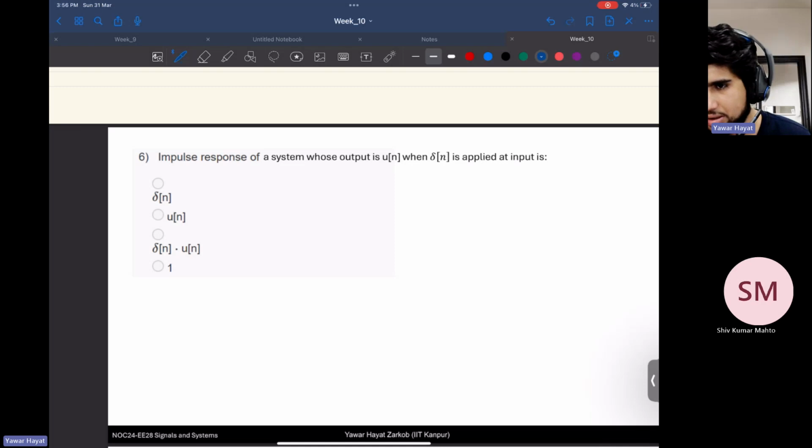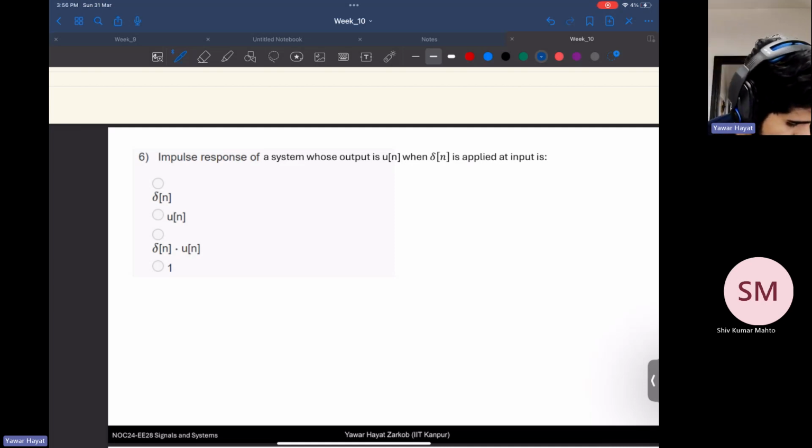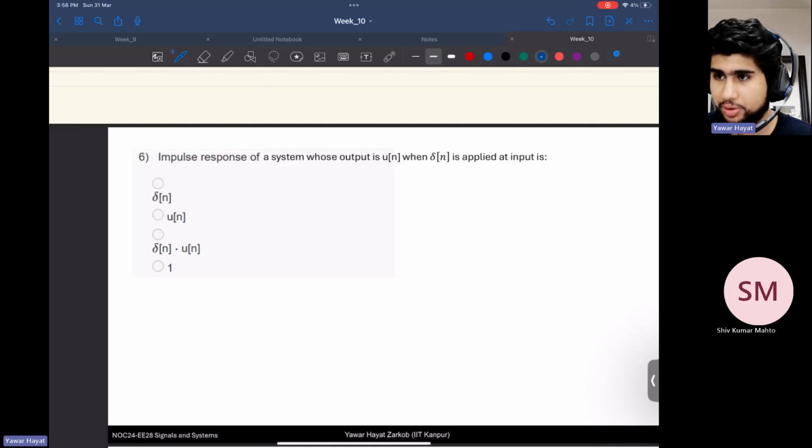In this case, it is given that the system has an output of u of n when del of n is applied. So this u of n is the impulse response of the system. Right, so we'll take option B, u of n, because that is what the output was corresponding to del of n.